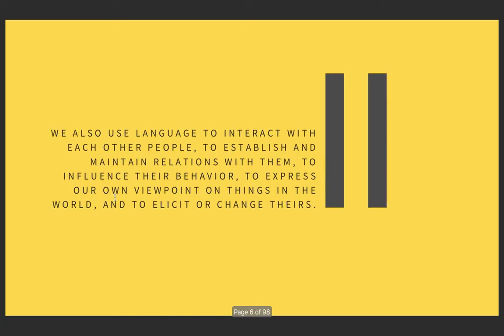Number two is that we also use language to interact with other people, to establish and maintain relations with them, to influence their behavior, to express our own viewpoint on things in the world, and to elicit or change theirs. So aside from expressing it on our own, we also use language to communicate with other people.